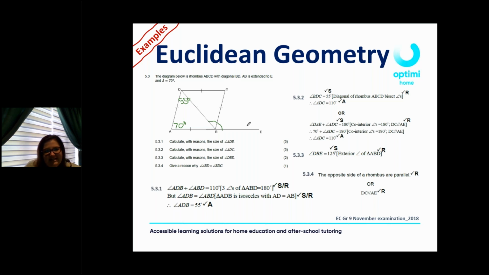So to calculate this angle, you say 70 degrees plus 55 degrees, and that gives you 125 degrees, and your reason will be the exterior angle of a triangle. So the exterior angle is 125 degrees, and it comes from the sum of my two opposite interior angles over there.